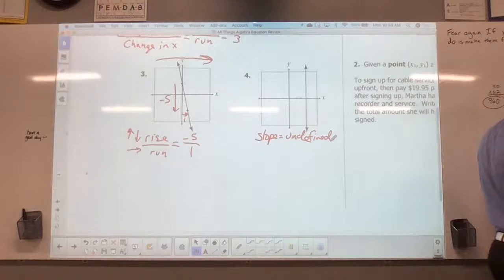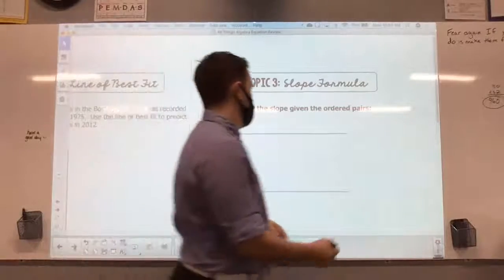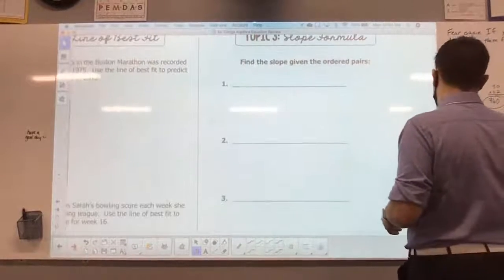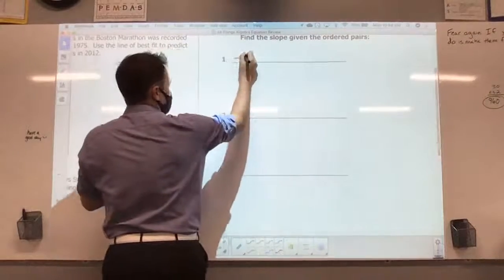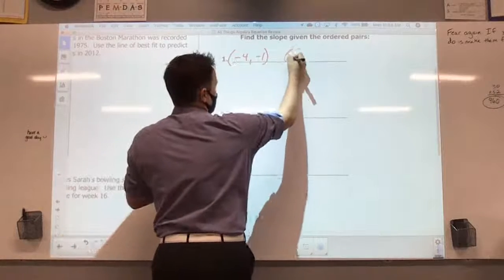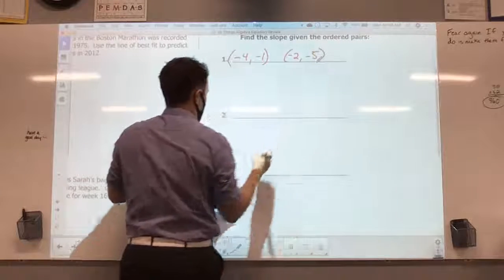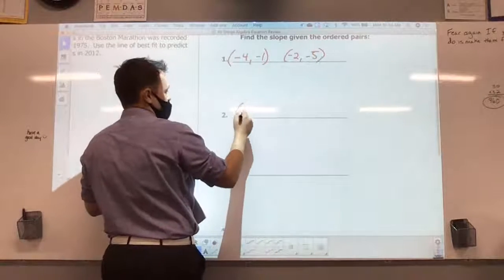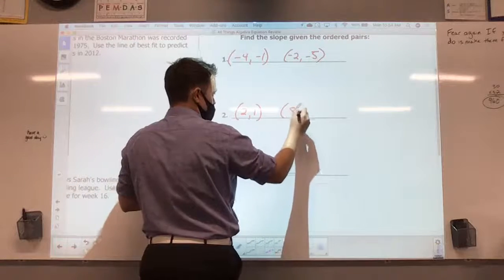Slope formula. On the next ones, here are the formulas I want to give you. They're blank right now. Find the slope with these 2 points. I'll give you all the points, and make sure as you go through this that you can write these down. So the 2 points on number 1 are -4, -1, and then I want you to do -2, -5. Next one's going to be 2, 1, 8, 9.